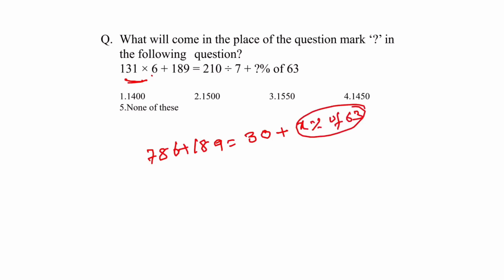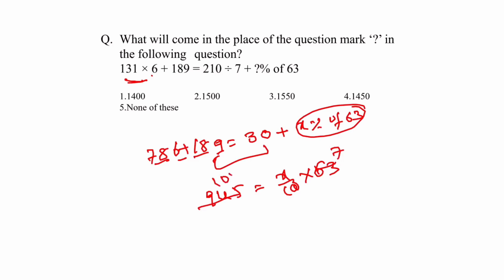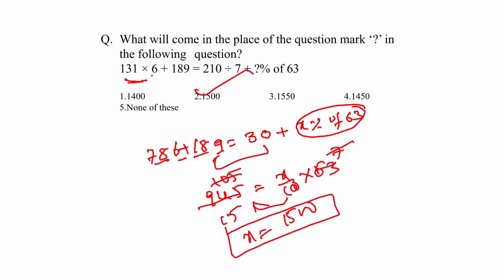So let us simplify the remaining. 780 plus 180 is 960. 960 plus 15, 975 minus 30 is 945, is equal to x by 100 of 63. 9 table 7 times, 9 table 1.5 times, 7 table 15 times. Therefore, x is equal to 15 into 100, 1500. The second option is the correct answer.